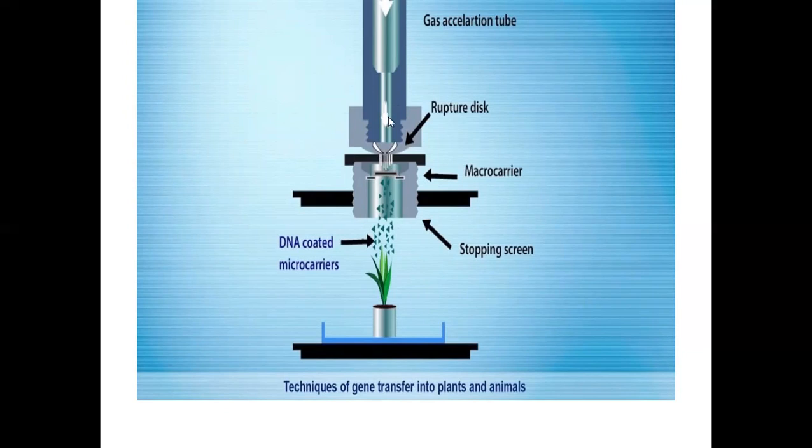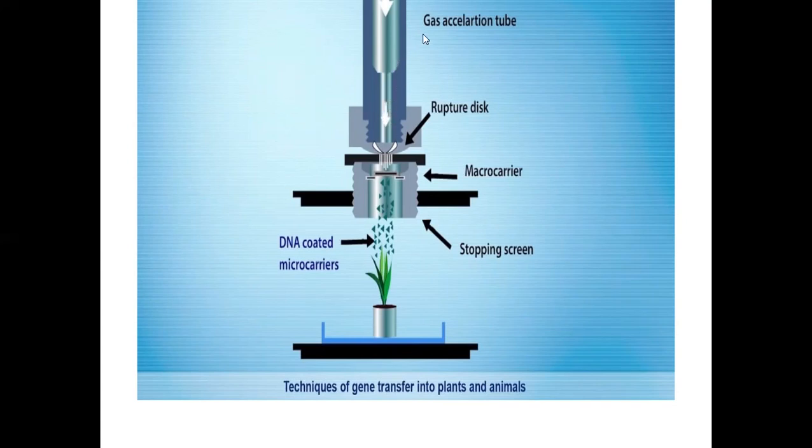Above this capillary tube-like structure, a gas acceleration tube is present. When we fill the capillary tube with target DNAs, the target DNAs are coated with different types of carriers.